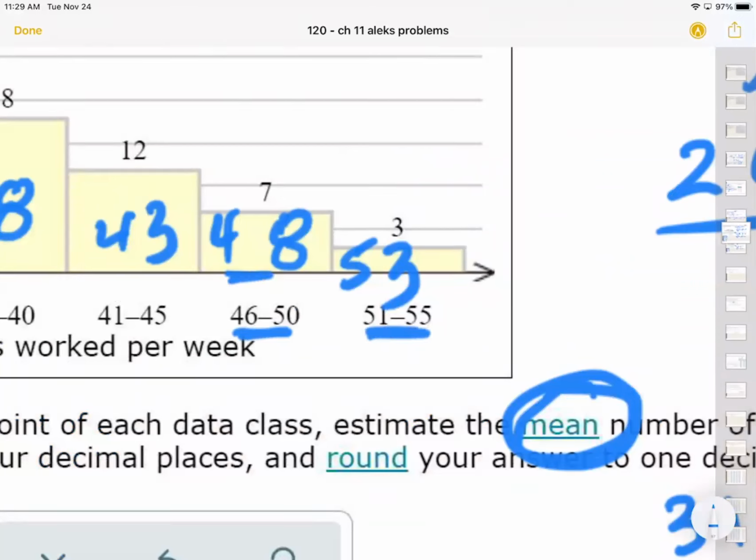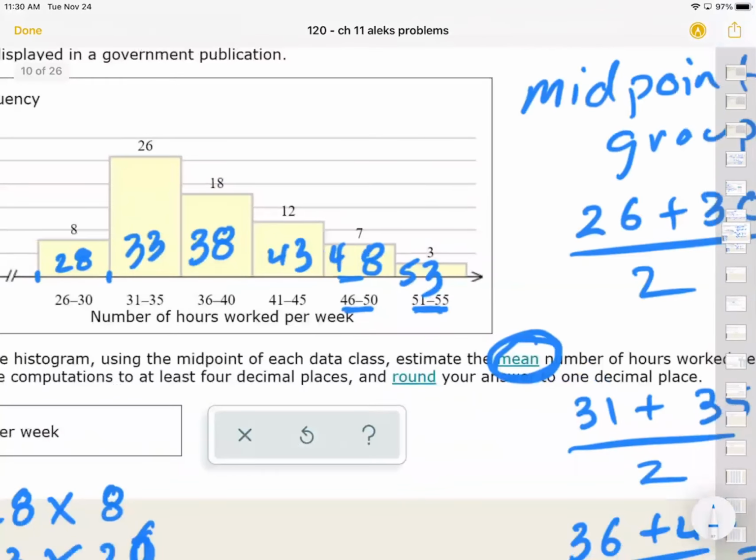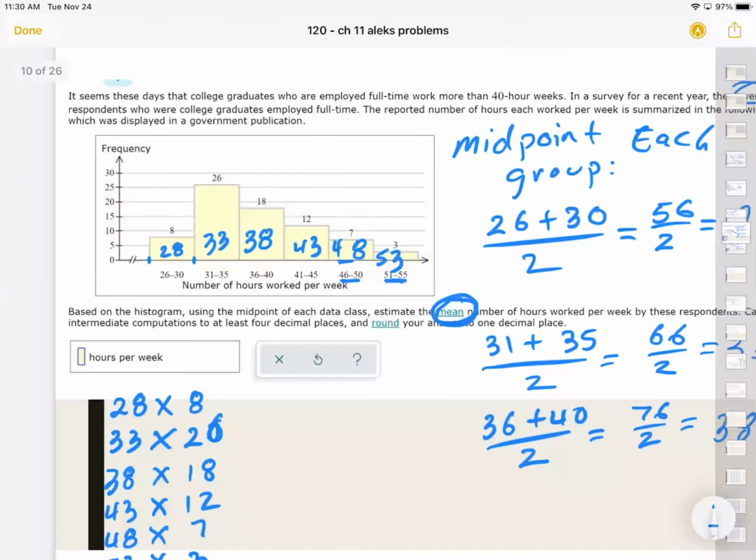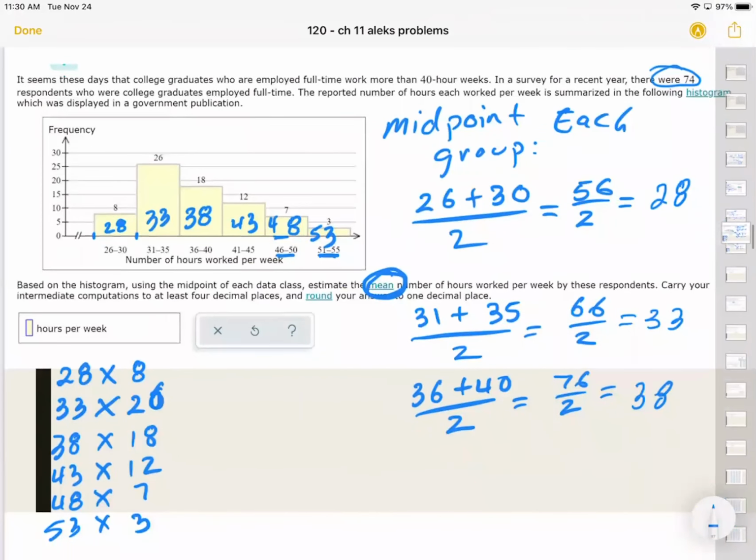What is in the middle of 51 to 55, the middle will be 53. And all you do is take that number and multiply it by the frequency that they give you, which is this number here. So 28 times 8 should give you 224.